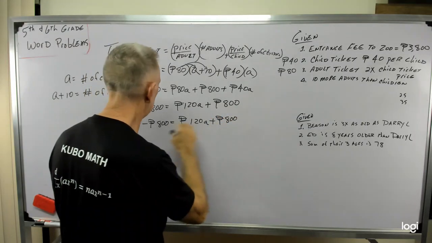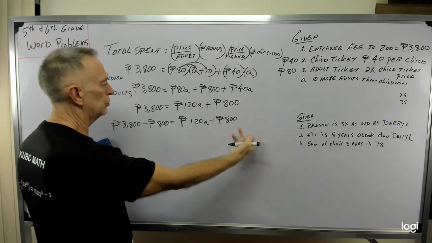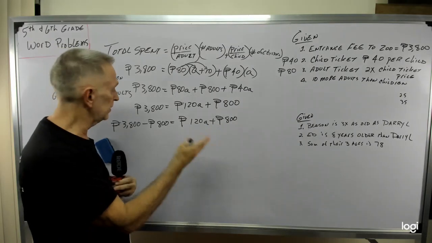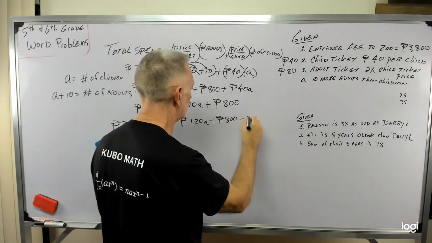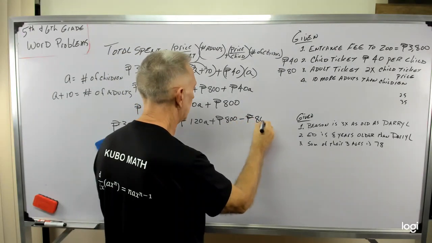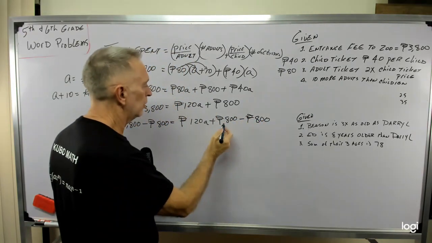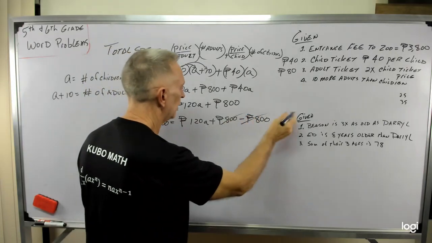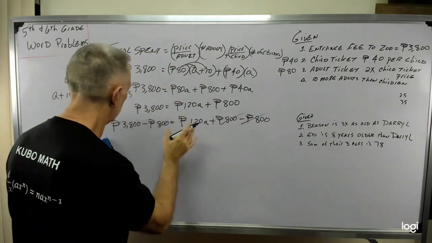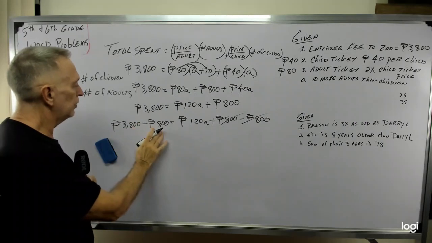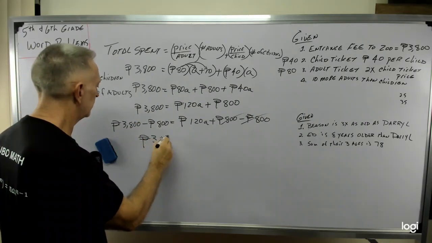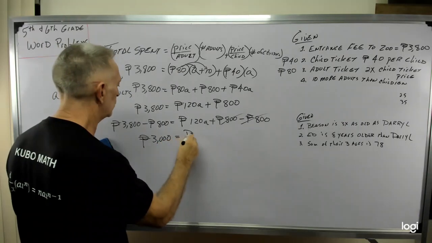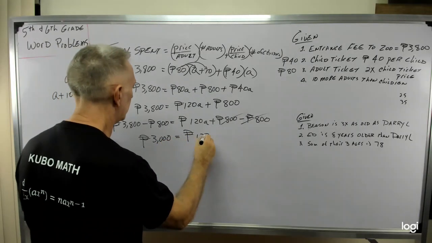And what I did to one side, I have to do to the other side to make it still be equal. So I'm going to subtract 800 pesos from this side. 800 minus 800 is 0. 3,800 minus 800 is 3,000. And that equals 120A.